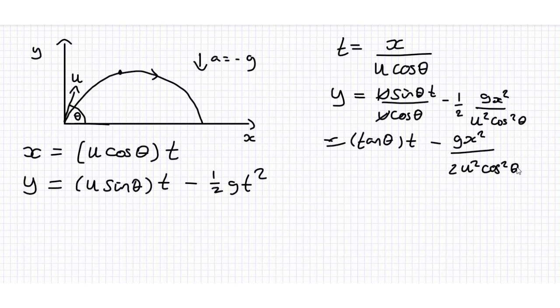And you can see this equation for y in terms of x is quite complicated, and sorry, there's no t here, I don't know why I've put that in. T is equal to x over u sine theta, so there should be an x here.